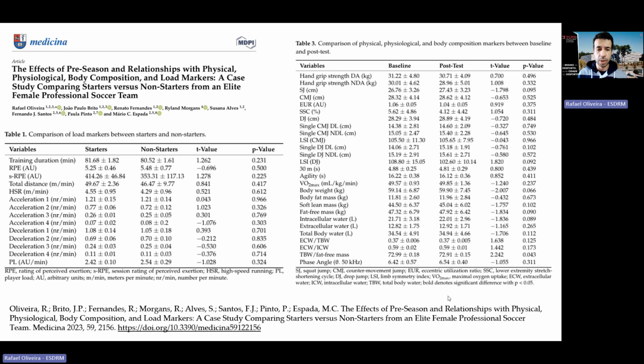The only way that we know what a player can do is to monitor them, keep controlling, and keep assessing at periodical times.